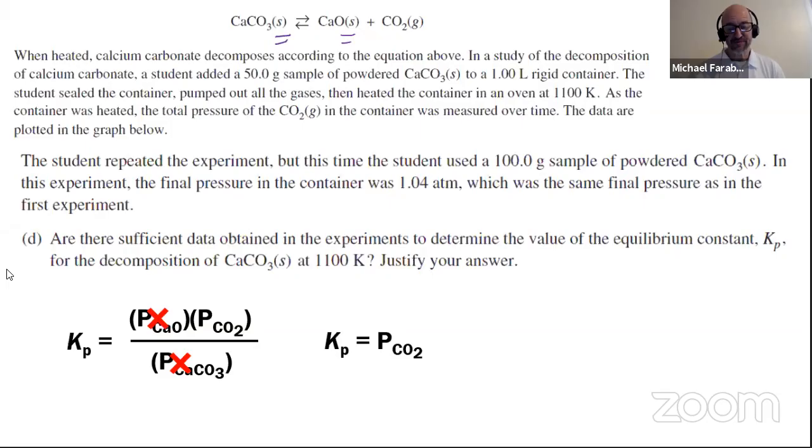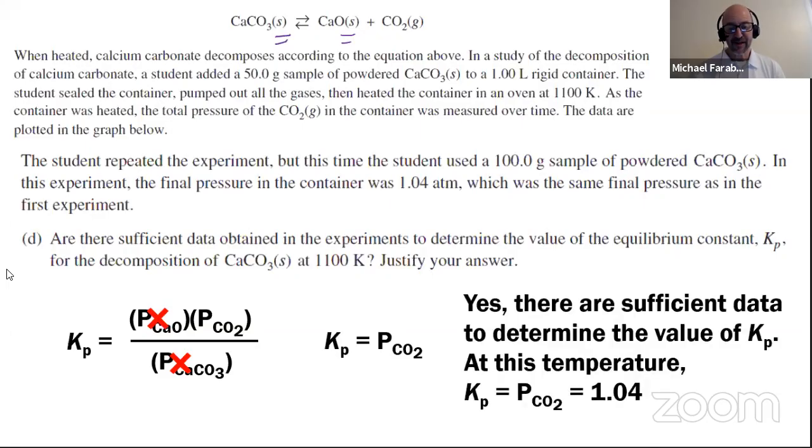And we already know that the pressure of the CO2 in each of these trials is 1.04. So yes, there are sufficient data to determine the value of Kp. All we really needed was that one measurement of 1.04, and that was obtained in both experiments. So we now have our value of Kp.